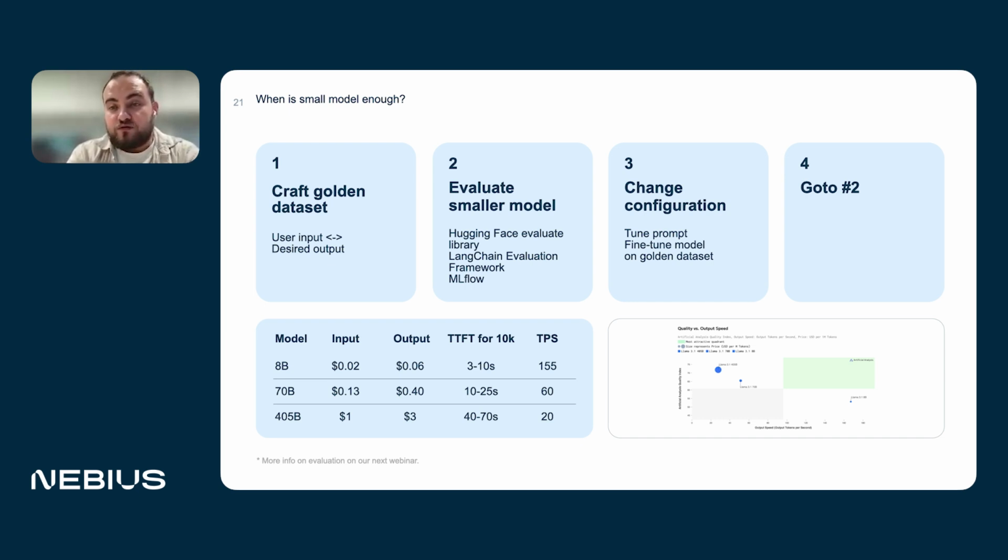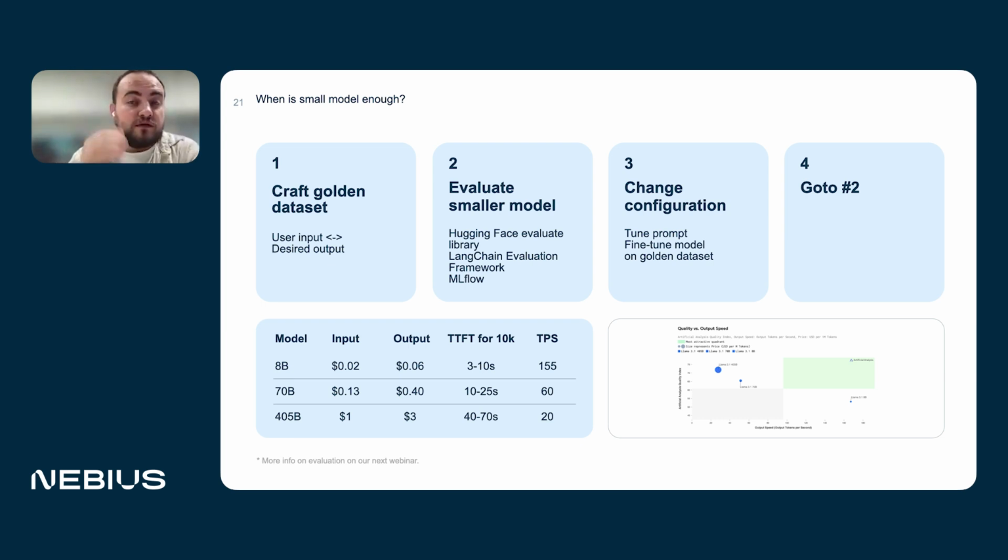You take some part of this data set and fine-tune on it, then test the same metrics on the rest of the data set and understand, okay, now this baseline is better, this baseline is enough. Then you can go in a cycle and reiterate this as you get more data in the golden data set and as new models arise. And you will understand what suits you the best.